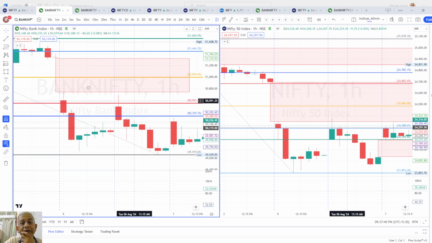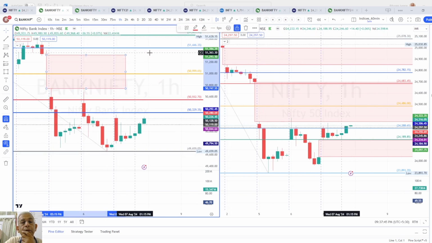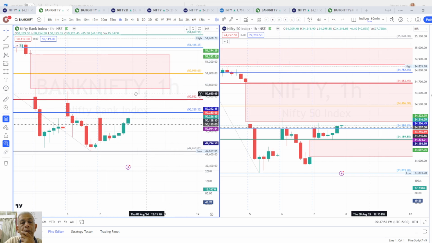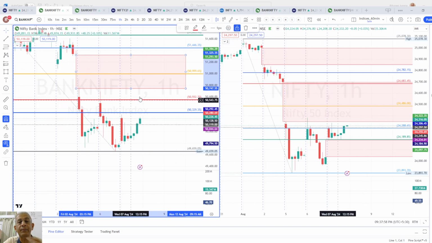So the Bank Nifty, if it decides to move up, just let me finish this for you so that you understand better. Yeah, so the major levels are 329, 552, 47, 50, 999, let's say 51,000, and then 325, and then 446. These are the upward levels on a mathematical basis and the gaps basis.